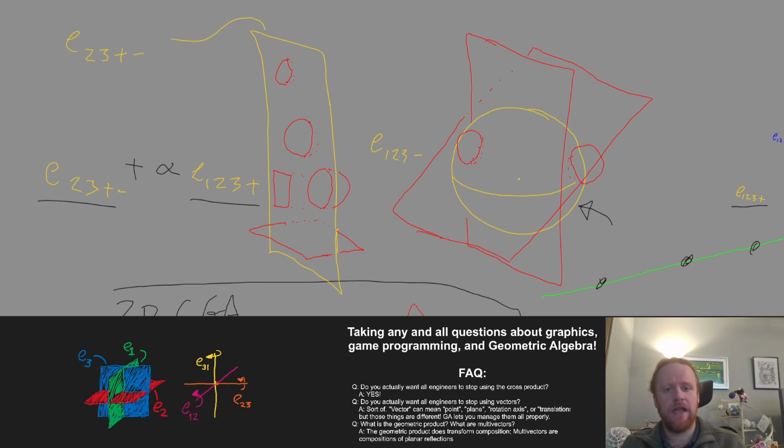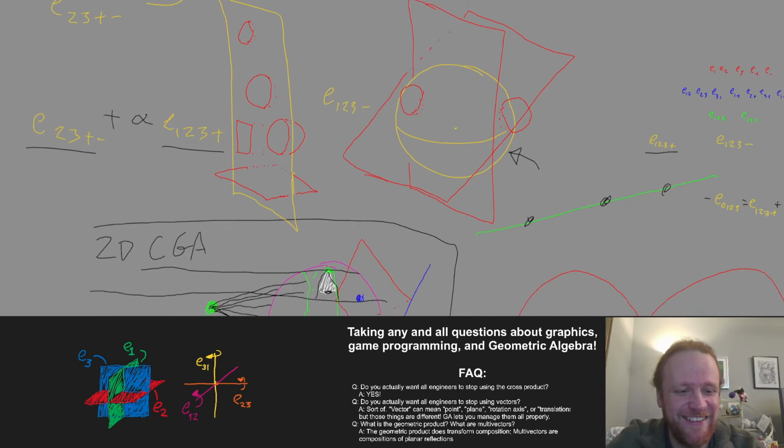If you take E123 minus, and you increase alpha on E123 plus, that'll increase the size of your sphere, and make your sphere bigger and bigger and bigger, until eventually, when alpha is 1, the sphere is infinity, of course, and that will be the PGA pseudoscalar.